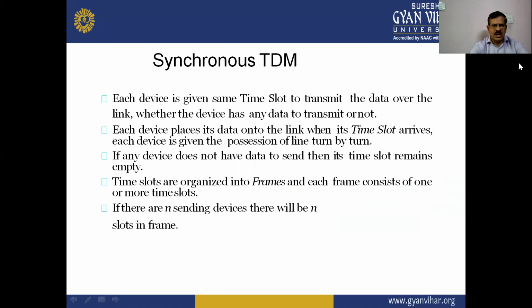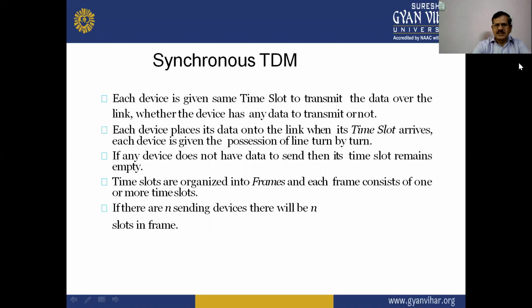In synchronous TDM, each device is given the same time slot to transmit data over the link, whether the device has any data to transmit or not. Each device places its data onto the link when its time slot arrives. Each device is given the position on the line turn by turn.